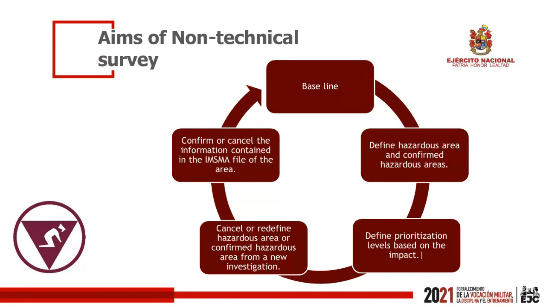Many of those points are necessary to develop before beginning the investigation in the hazardous area or confirmed hazardous area. Other points are necessary to know during the investigation process. Other points are necessary to know when the process is ending.